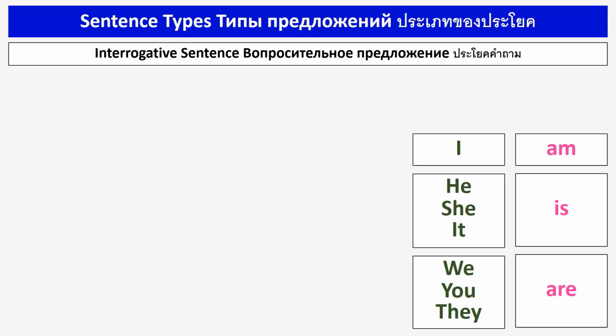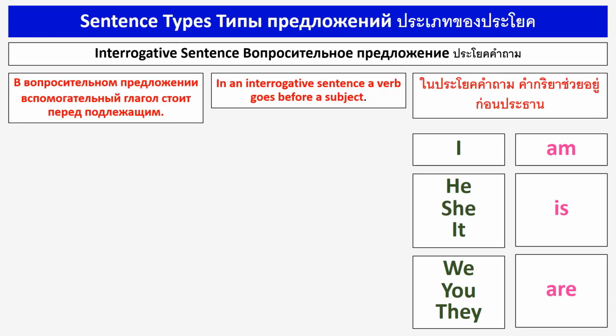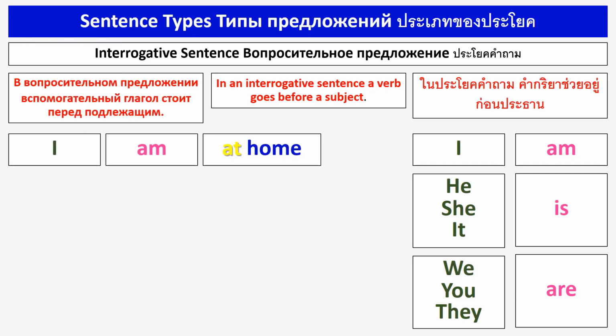Interrogative sentence. In an interrogative sentence, a verb goes before a subject. I am at home.